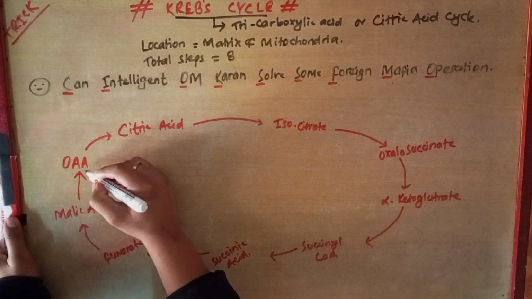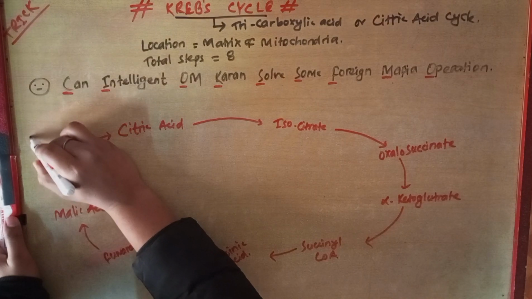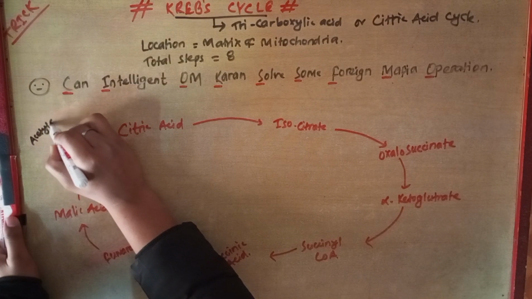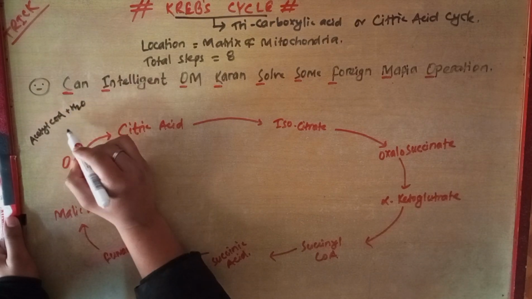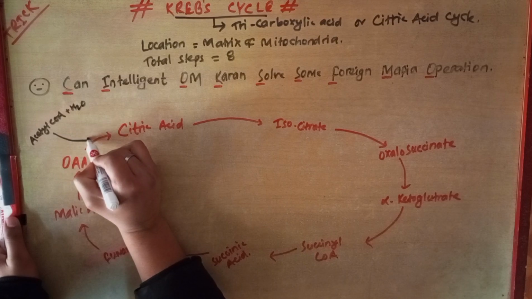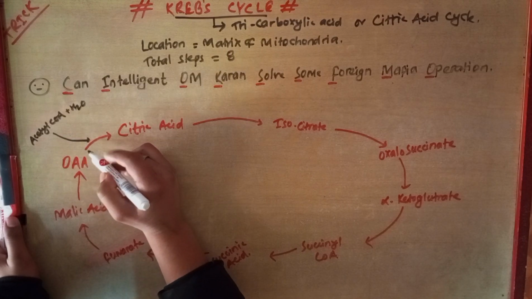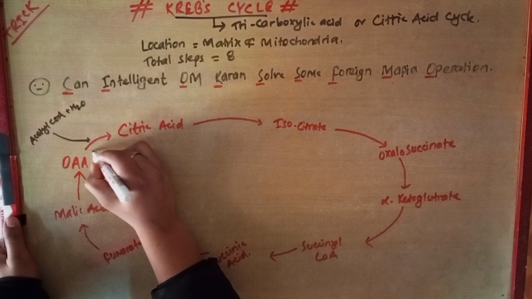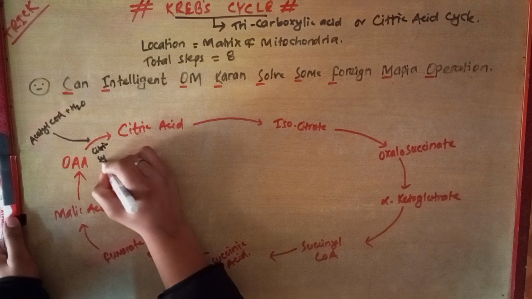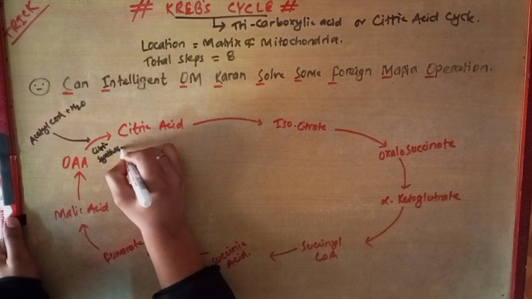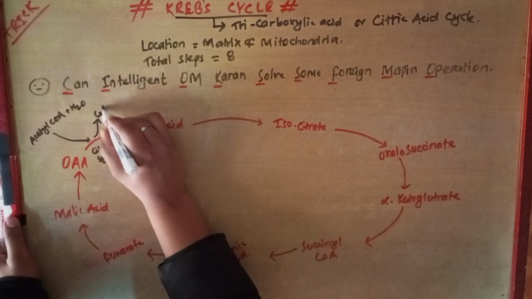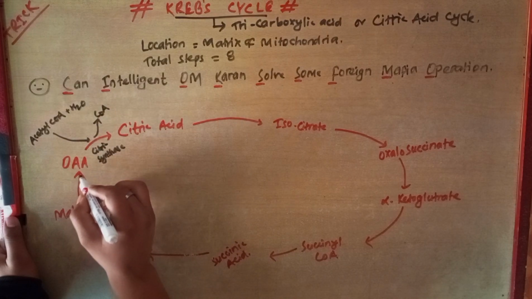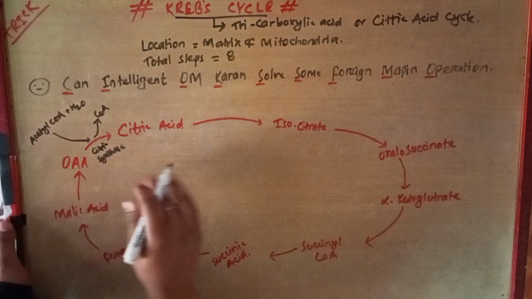To oxaloacetic acid, a compound named acetyl coenzyme A plus water gets added, and in the presence of the enzyme citrate synthase, coenzyme A is released, and oxaloacetic acid gets converted into citric acid.